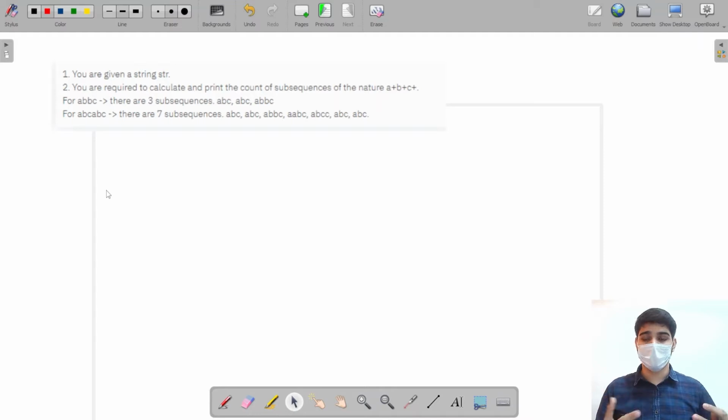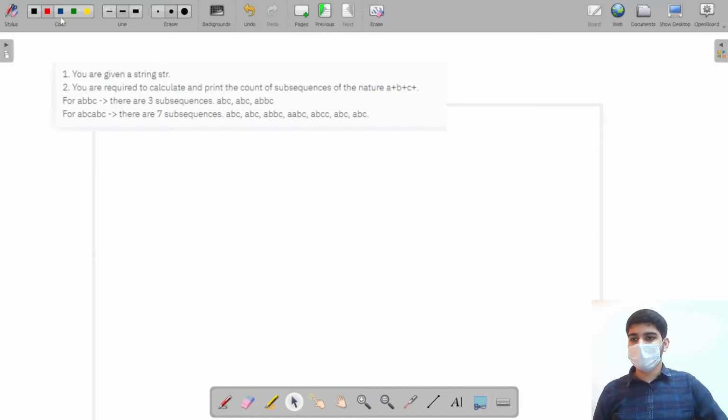a string str and you are required to calculate and print the count of subsequences of nature A+B+C+, right? So you have to count the total number of subsequences such that all of those subsequences follow a certain rule of a certain type, which is A+B+C+ nature.